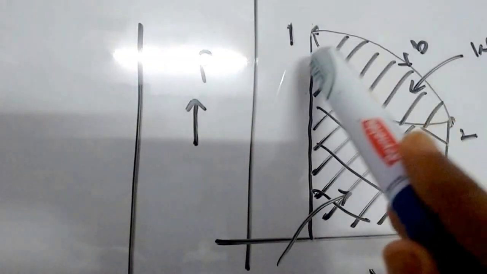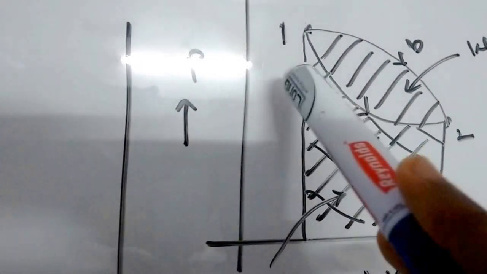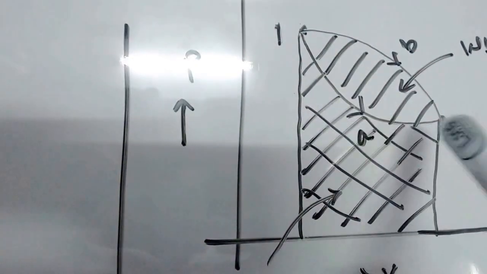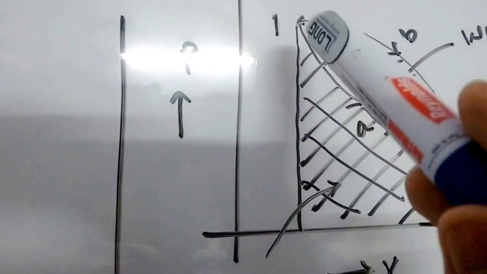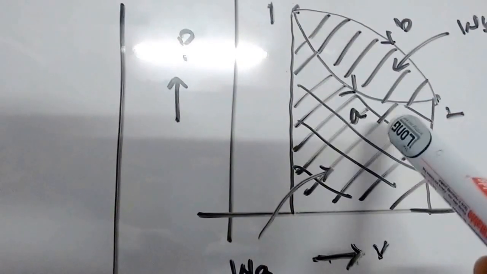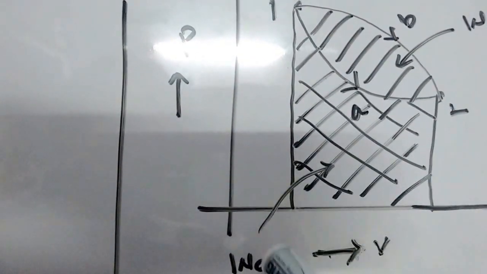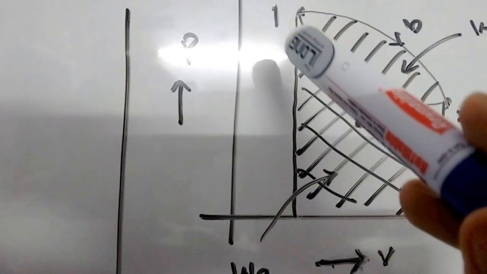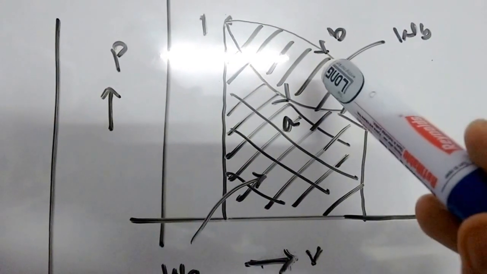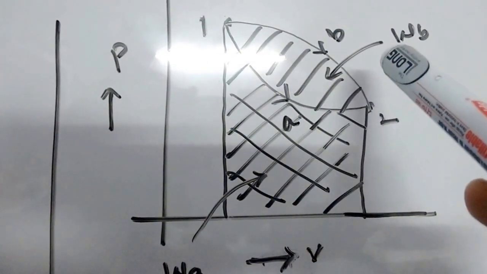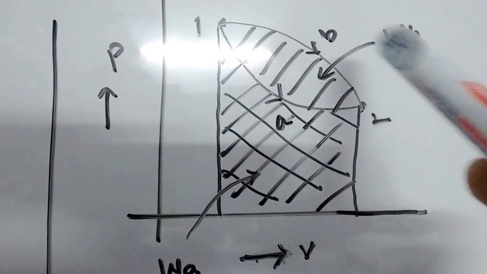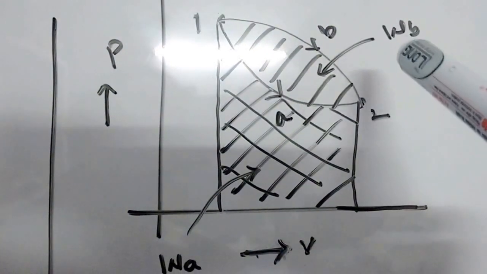As these two processes follow different paths, definitely the area is different. So the area under this curve will give WA, or the work done by the process 1 to 2 through path A, and the area under this curve will give you WB, or the work done by the process 1 to 2 through path B.